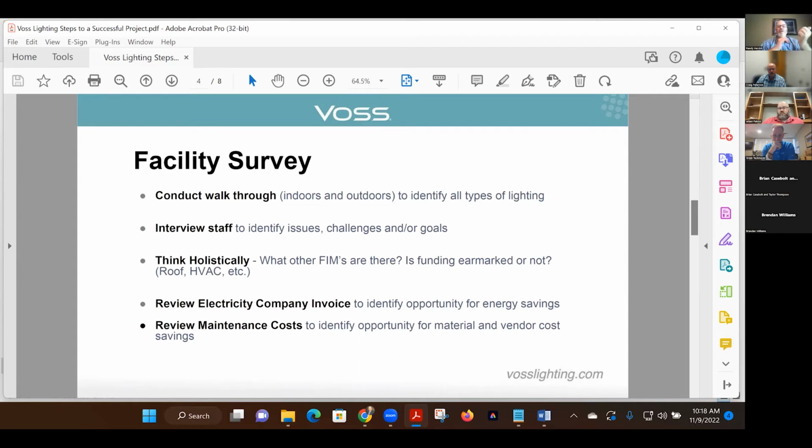But on the front end, your labor goes down drastically because now you're just replacing bulbs. And if it's a small project, it can be done with your own team, your own maintenance staff. And then we just design the project and provide the product. So those are the things we're looking for when we're in the survey stage.